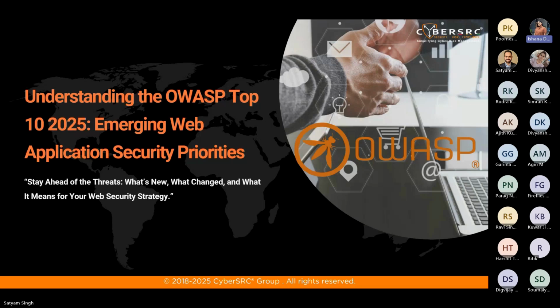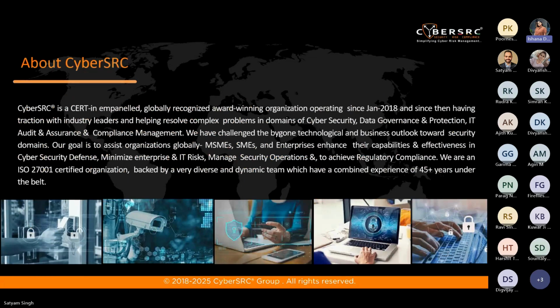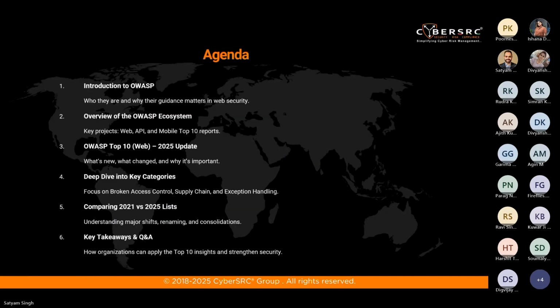OWASP Top 10 overview, understanding the 2025 release candidate, deep diving into key categories like broken access control, software supply chain failures, and mishandling of exceptional conditions. Comparing the 2021 version versus the 2025 version, what's new, removed, or consolidated. And practical implementation, such as applying the OWASP Top 10 in your organization.